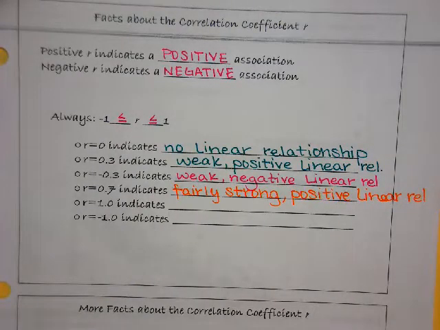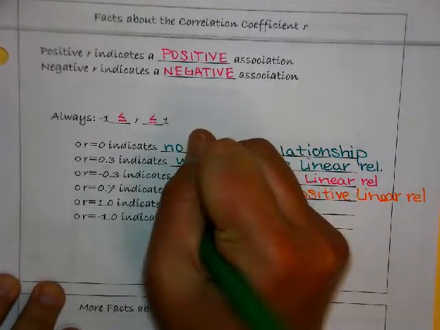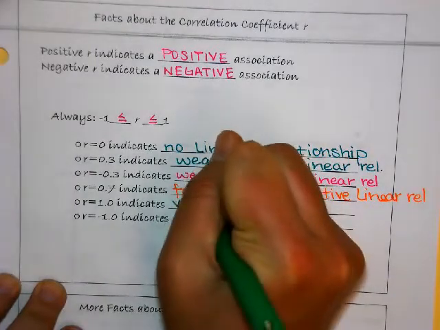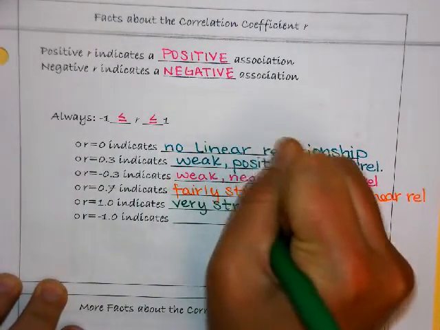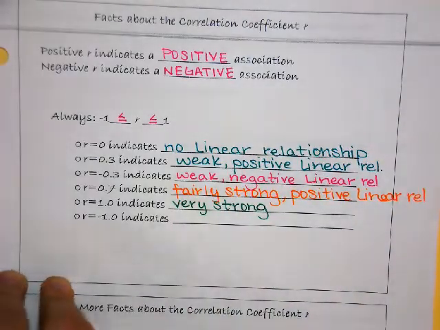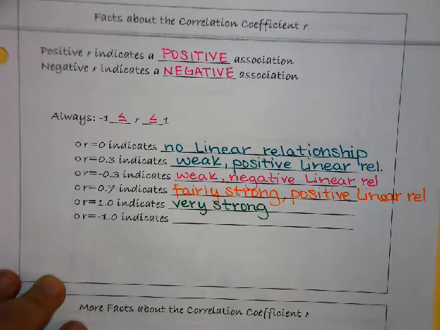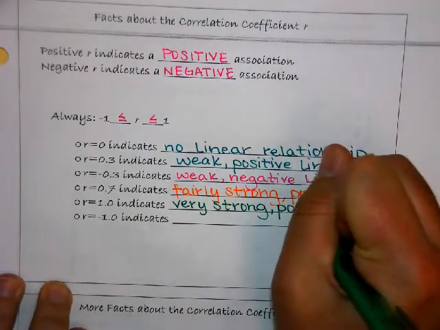I don't think I throw any examples at you where you get exactly 1, because that would be every point on the line, and that doesn't happen that often. And then of course, if you get R equals -1, that's a very strong negative linear relationship.